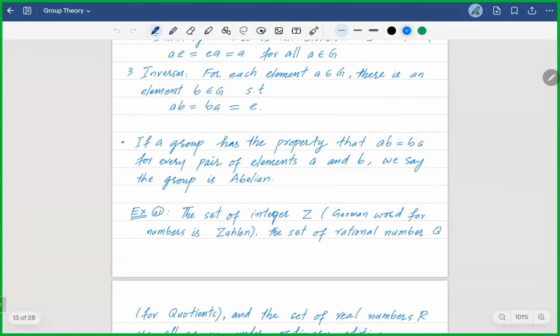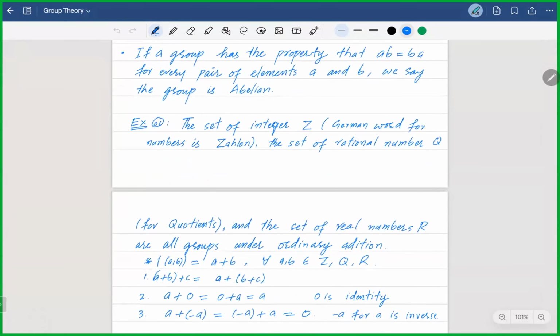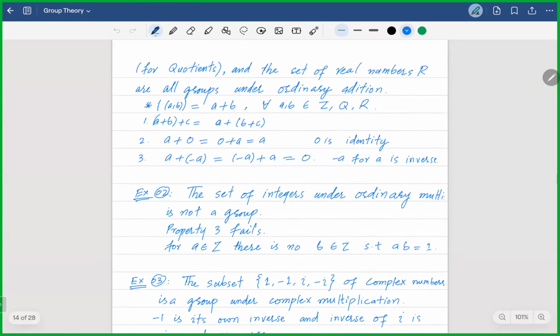Then we try to present a bunch of examples, so that we can talk about other things by referencing those examples.